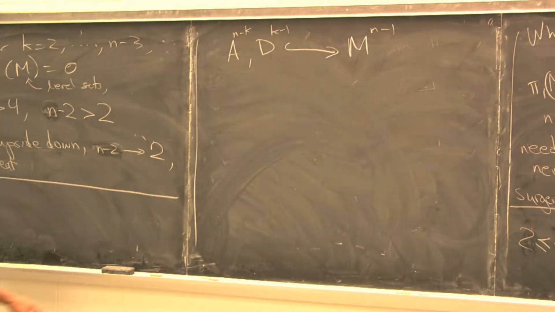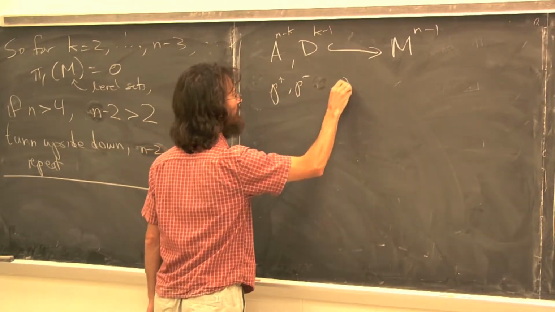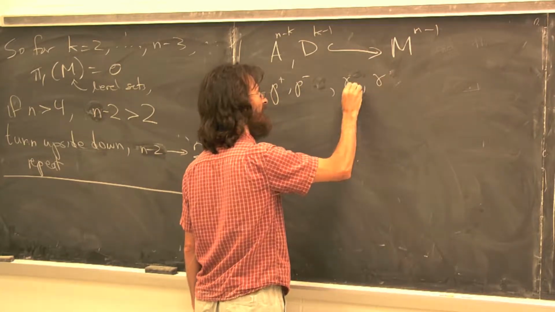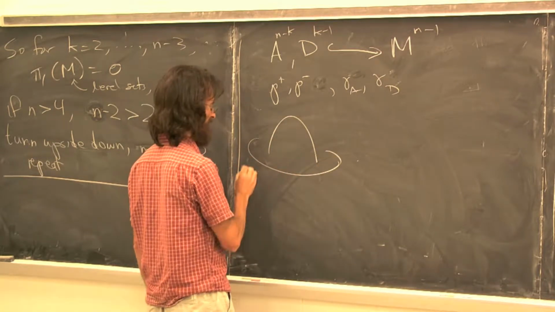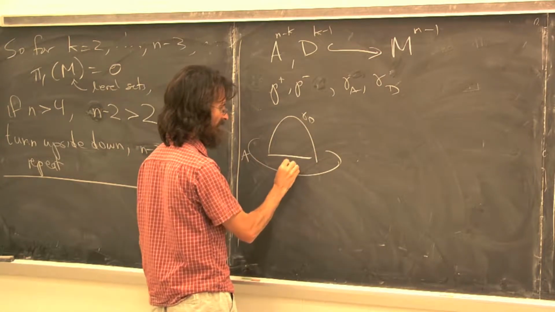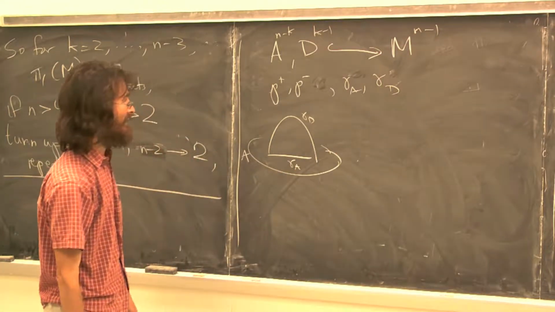And then I've got p plus and p minus, gamma plus, gamma minus, gamma A and gamma D. So there's A, there's gamma D, gamma A, and now let's argue about the existence of a disk.